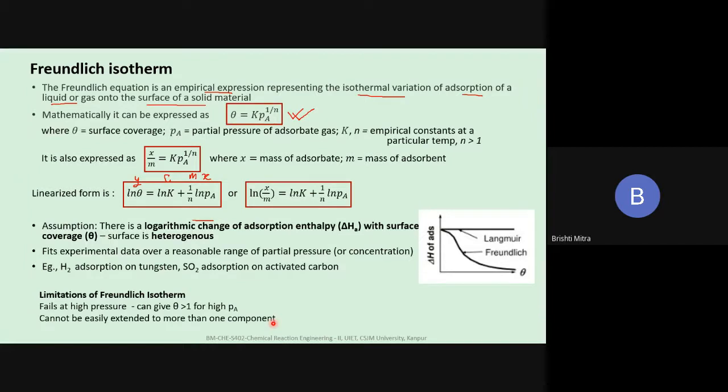So we can easily extend it from one species to multiple species. But in the case of the Freundlich isotherm, it is not very easy to change this expression from one single species, that means only the partial pressure of A, to the partial pressure of B and C if they are also getting adsorbed. That is the shortcoming of the Freundlich isotherm.